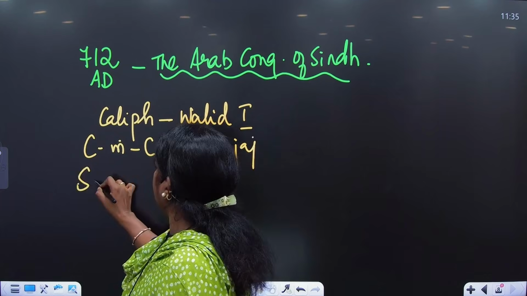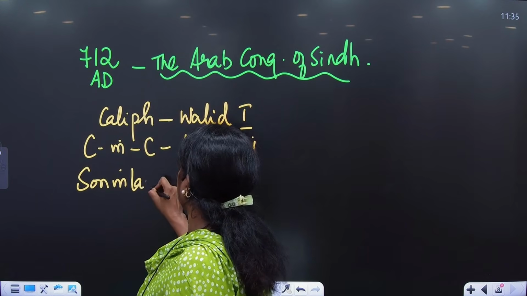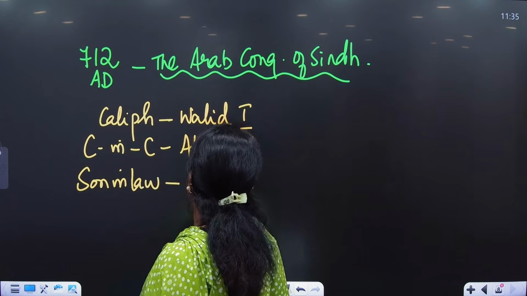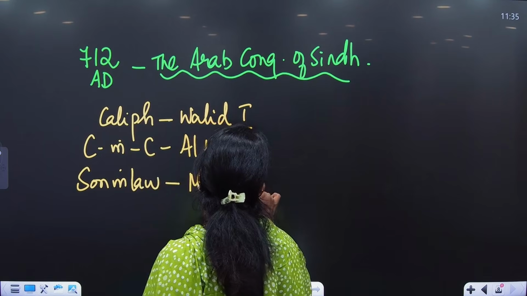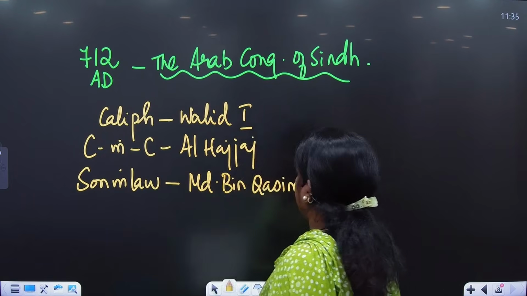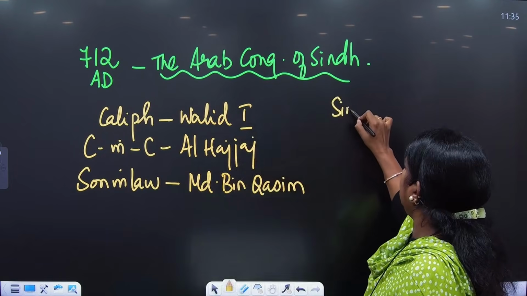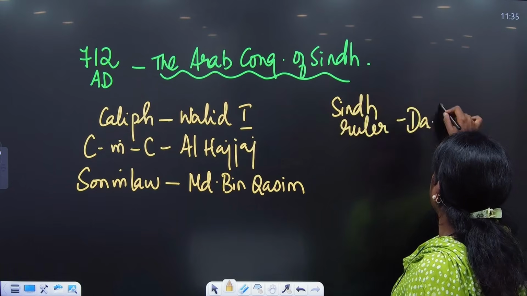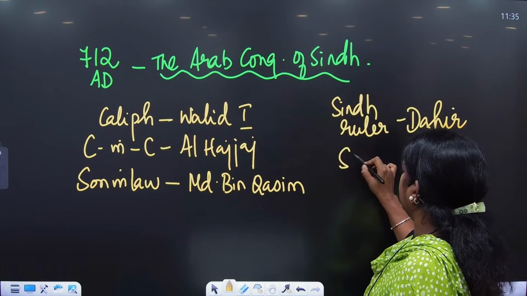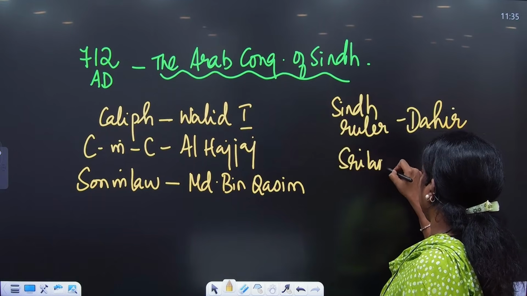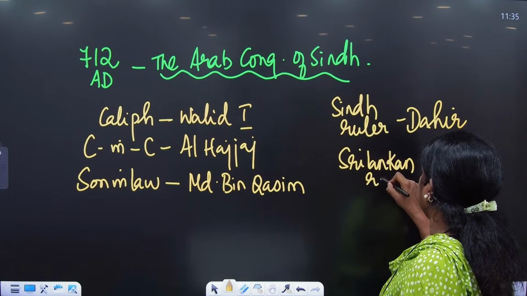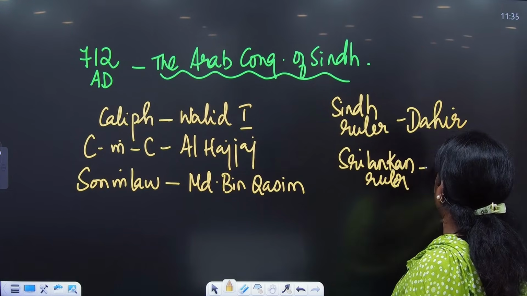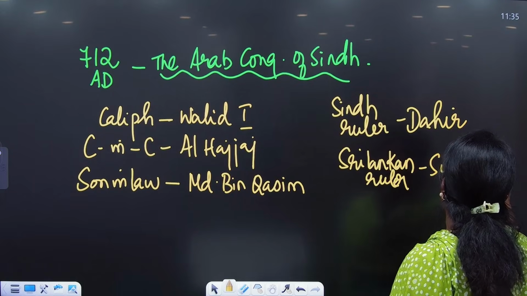And Al-Hajjaj's son-in-law was Muhammad Bin Qasim. And the Indian ruler, that is the Sindh ruler, was Dahir. And we have the Sri Lankan ruler, Sulaiman. So these are the characters.